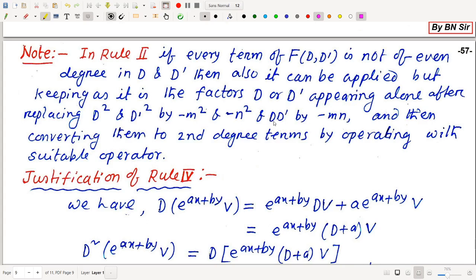One term may be DD dash only, so it will be minus mn.